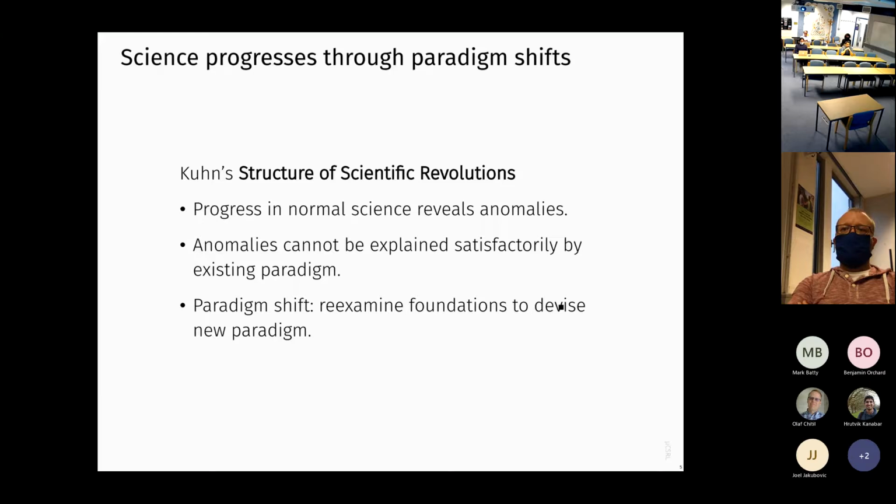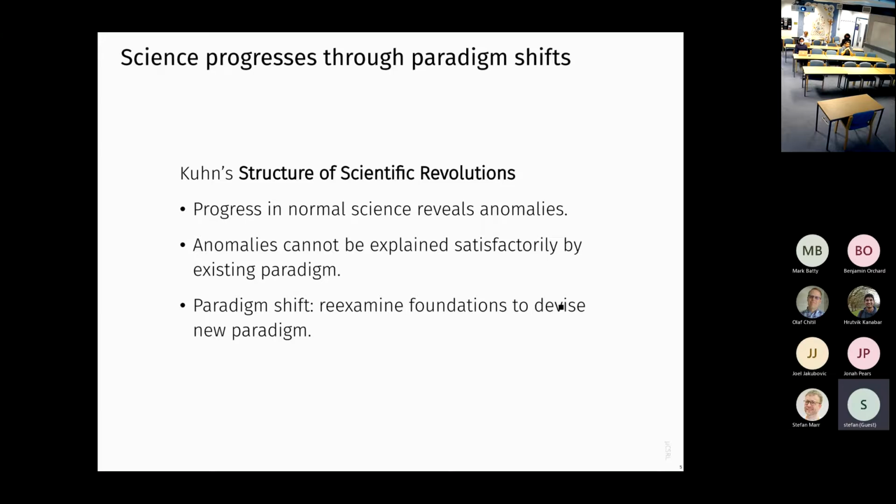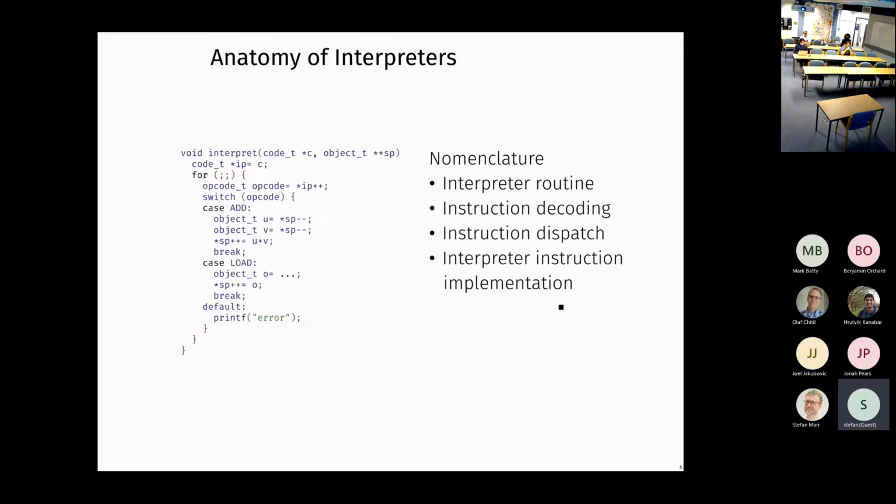And later we're going to see that in my work on interpreters, in the beginning, there were a couple of anomalies that were not explained by the existing model, and we needed a new model to actually explain how interpreter optimizations work.